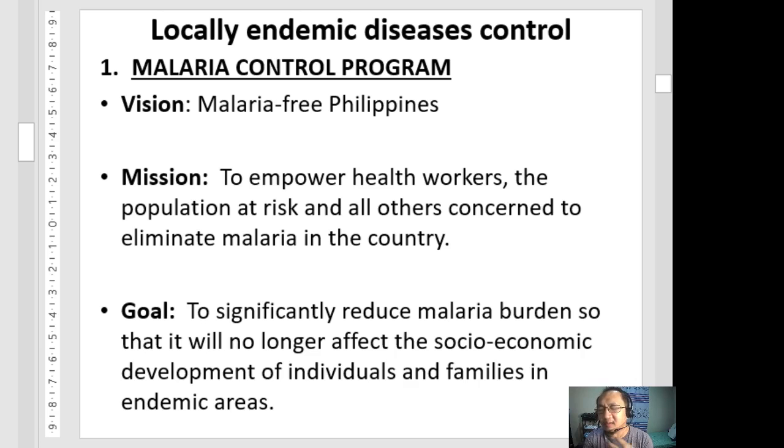This malaria has manifestations that are usually based on stages. One is the hot stage, which is characterized by fever. We have the cold stage, characterized by chilling, and the wet stage, characterized by diaphoresis.